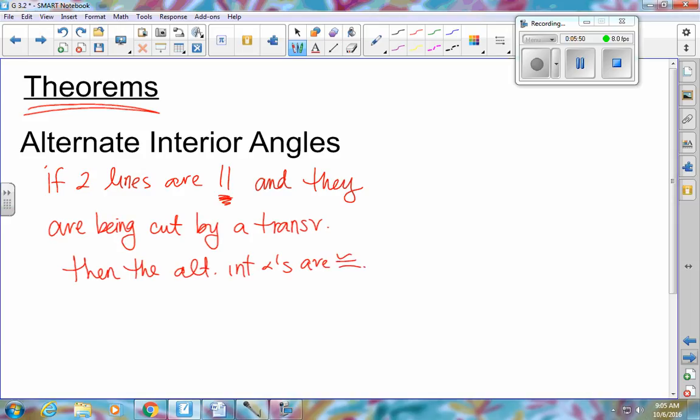So very similar to what I said about corresponding angles. Like I said, angle 2 and angle 6 were alternate interior angles, so now we can say angle 2 is congruent to angle 6, and angle 3 is congruent to angle 7. So I'll give you a minute here.